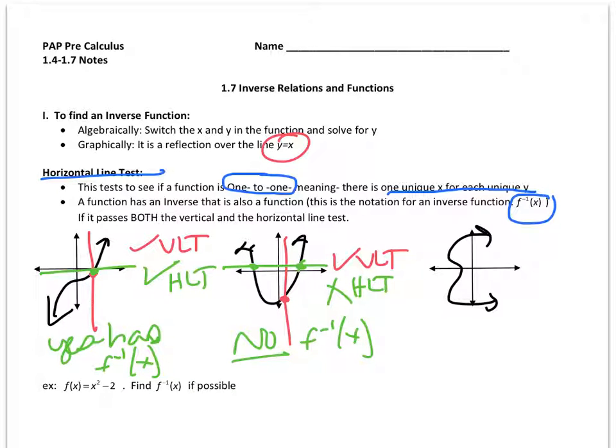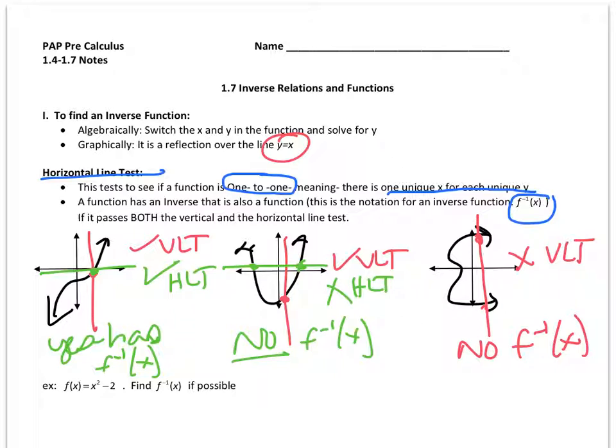Then when I check the third graph, which is an arc function, we're going to do those later, it fails the vertical line test. So I don't even need to check the horizontal line test because it has to pass the vertical test. So there's no inverse that's a function, unless you do restrictions, which we're not going to do right now. We'll do those later.